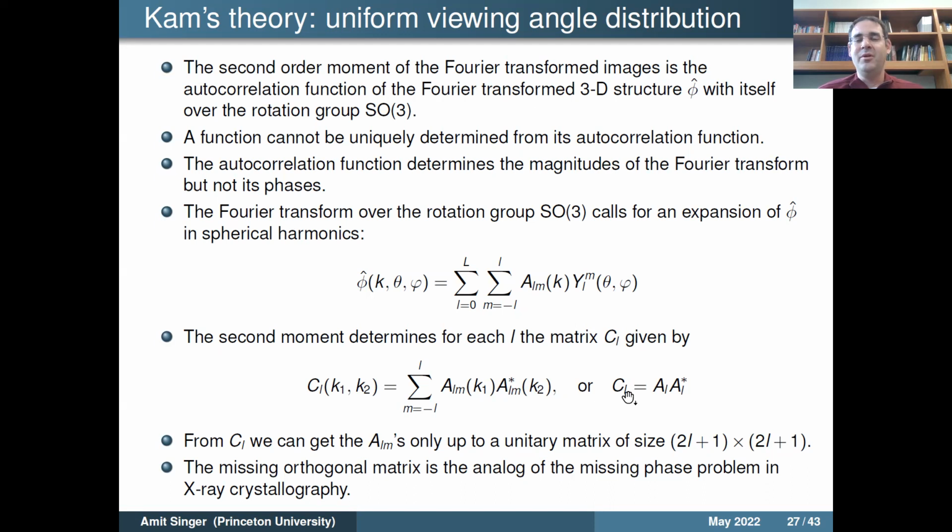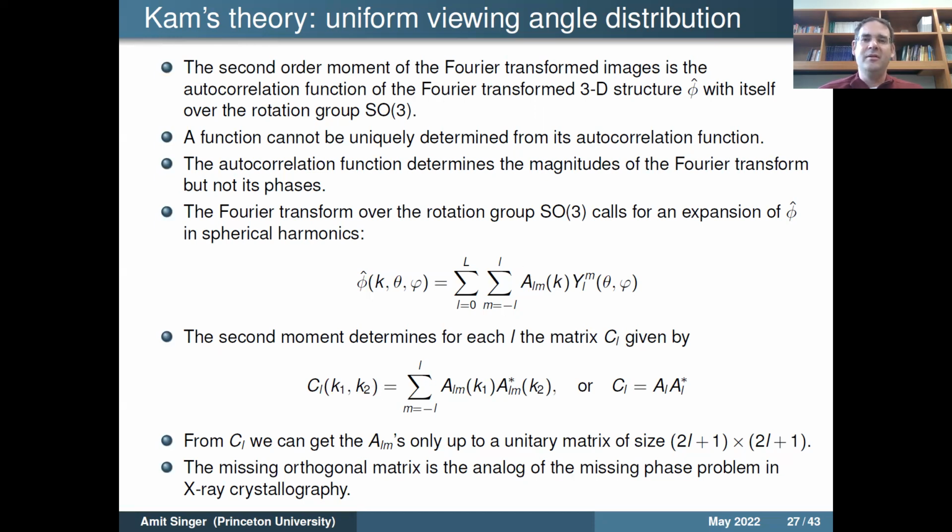Or in matrix notation, I can write C_L as A_L A_L complex conjugate transpose. So this means that the A_Ls are determined only up to a unitary matrix. And if you also include the fact that the molecule is real valued, then it's actually only up to an orthogonal matrix. So for every L in the spherical harmonic expansion of the molecule, we can determine the A_Ls, the coefficients, but only up to a missing orthogonal matrix.